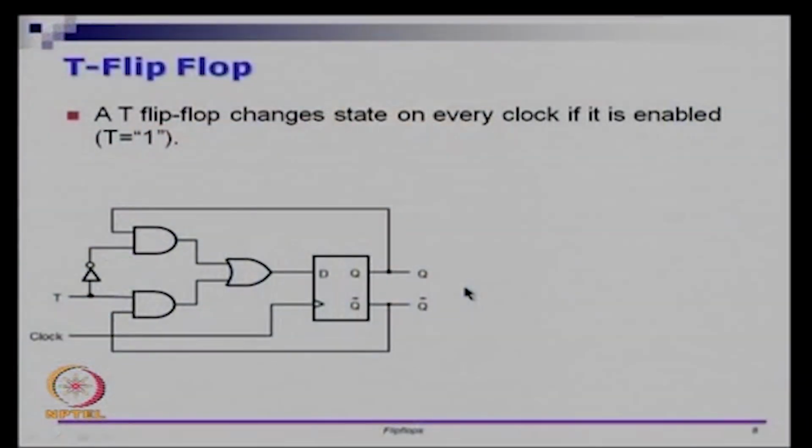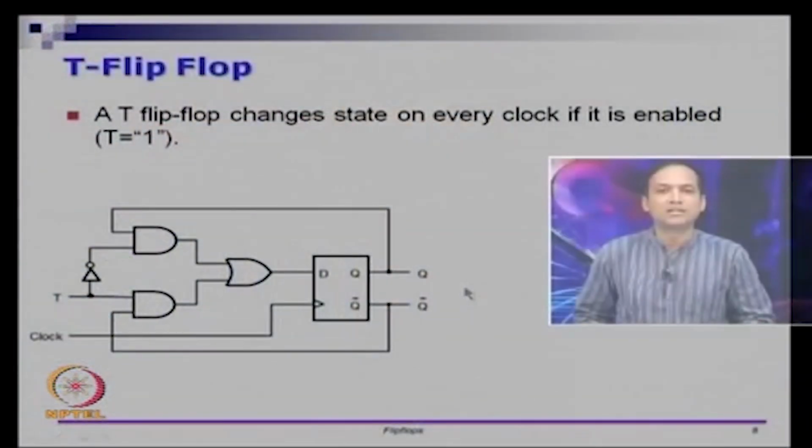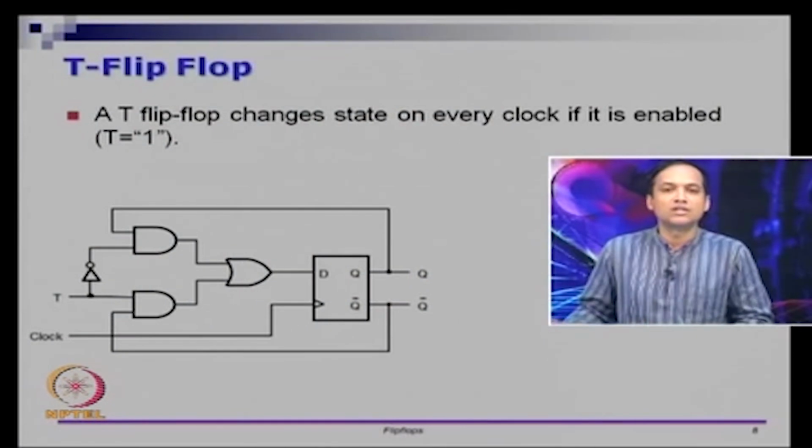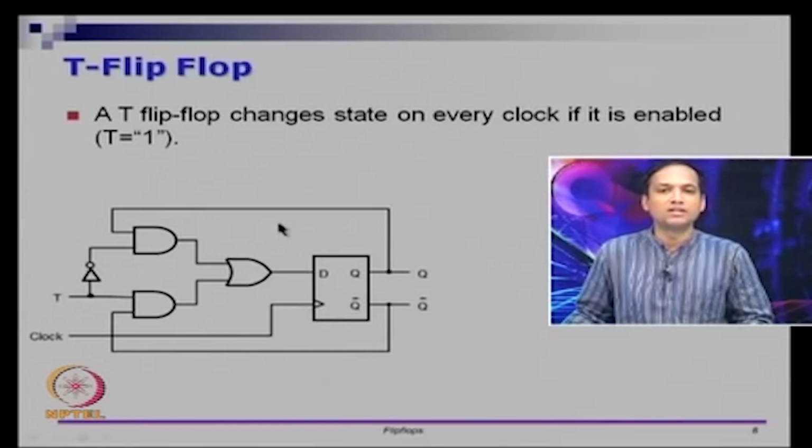Then let us look at a circuit called a T flip flop. The T flip flop is an interesting circuit. It is actually a minor variation of the D flip flop. Let us look at the circuit. You have a D flip flop and there is some circuitry here. This circuitry is doing the function of a mux or multiplexer.